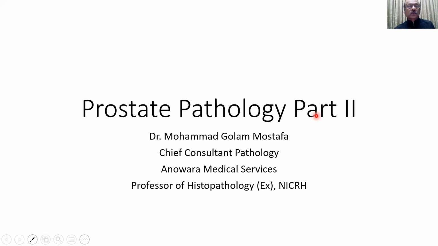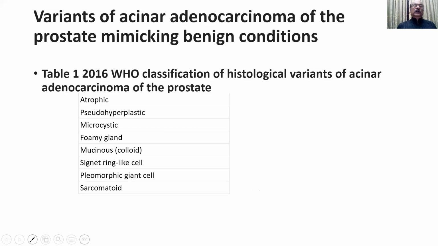So today we'll start prostatic adenocarcinoma variants. There are some variants of adenocarcinoma that mimic benign conditions also.